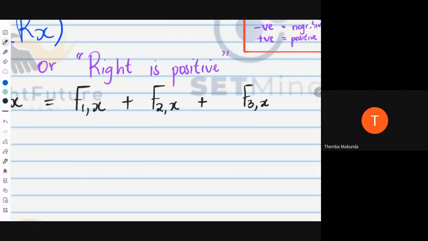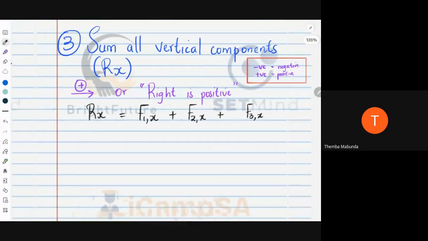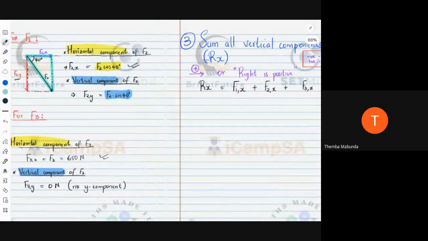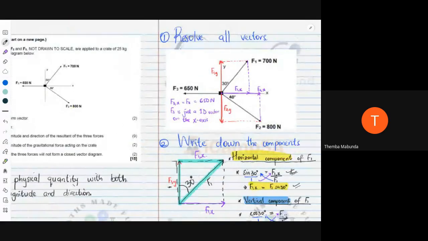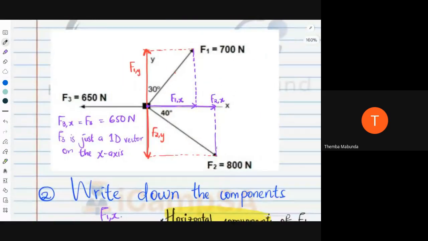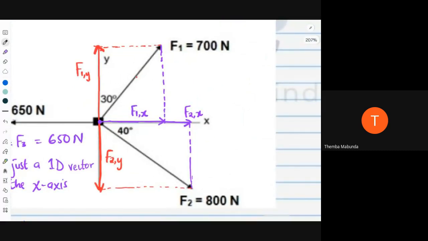Now, where does the direction come in? Let's check where all these vectors are going. If we come to our diagram here, right, we chose this side as positive. That means anything that's going opposite to this side is negative. Let's see. F2x, is it positive or negative?